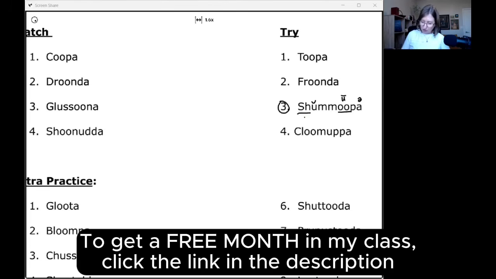So our sounds are sh, oo, p. So there's a lot of letters. Let's see. 1, 2, 3, 4, 5, 6, 7, 8, 9 letters, but only 6 sounds. Remember, we read sounds, not letters. The letters simply represent the sounds. It's all about sounds.